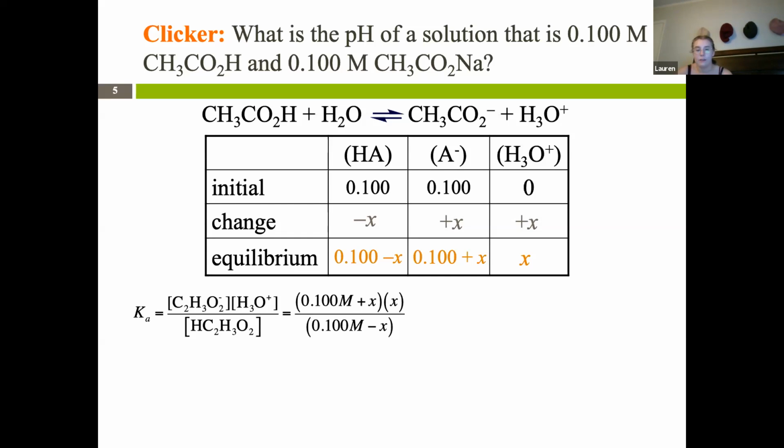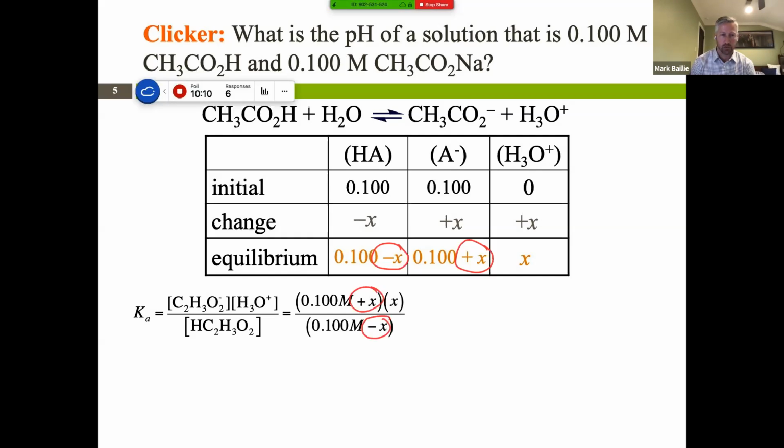Well, I asked if the change in concentration for HA and A minus would be negligible for both. So if we could assume both of them would be small enough that we could not have them in the equation. And that would simplify our equation a lot, because that would end up with 0.100 times x over 0.100. And so our answer was yes, let's try.